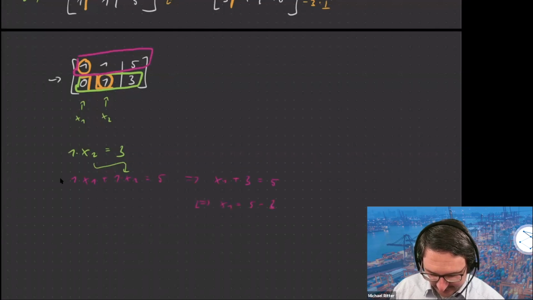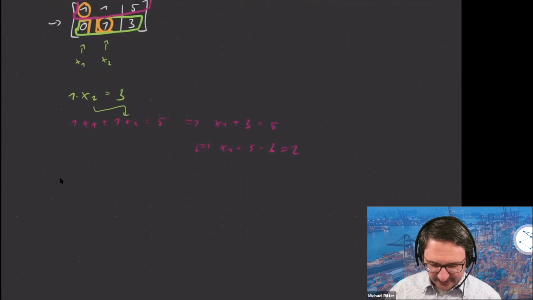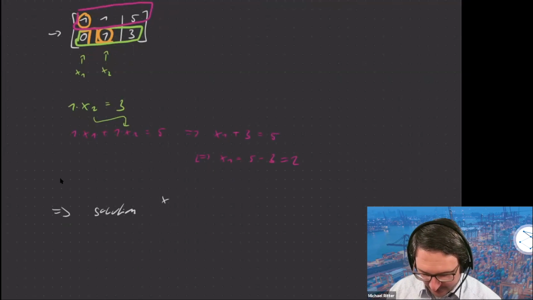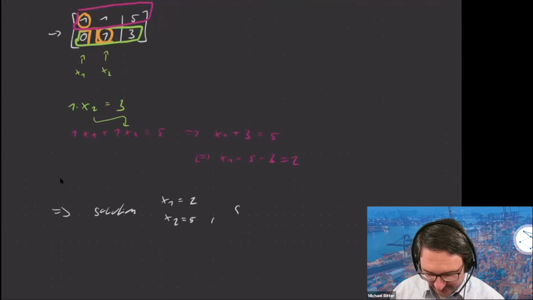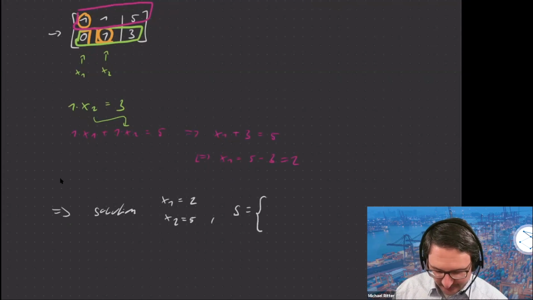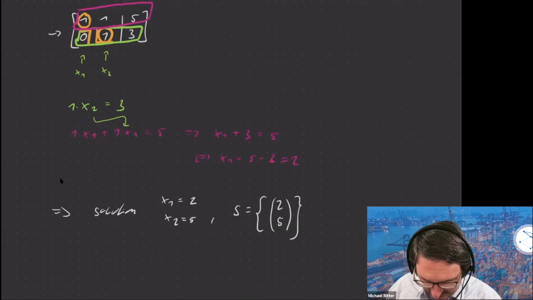That's 5 minus 3, that is 2. So the solution we get in the end is x1 equals 2, x2 equals 5, or if you want to write that in the form of a solution set, we'd say that is the point 2, 5, and only that point. Oh, sorry, not 5, by the way. That's my mistake. It's not 5, it's 3, of course.